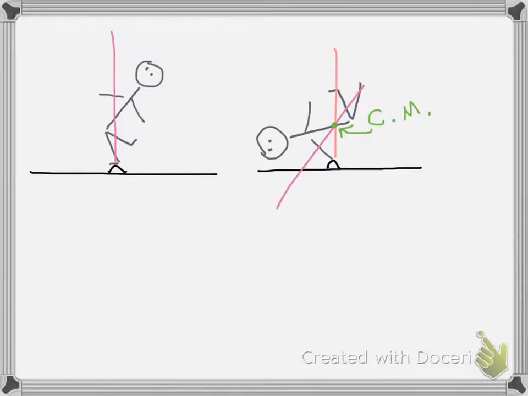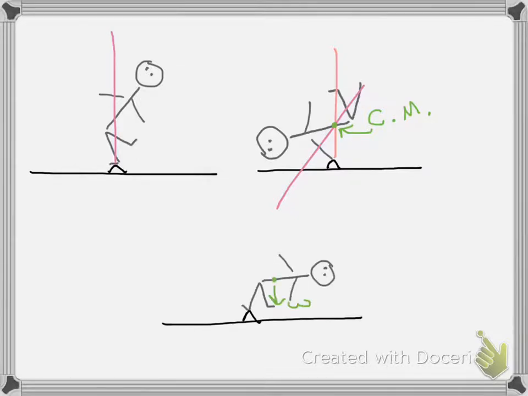Now, why is the center of mass important? Well, it's where the weight force that acts on a person can be thought to act. Right there, you can draw that weight force.